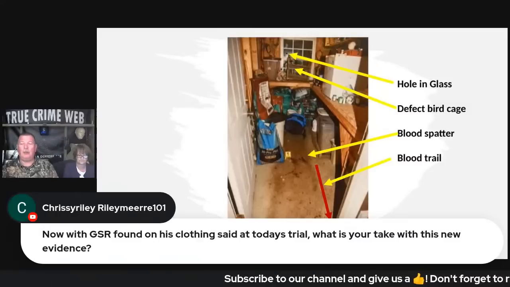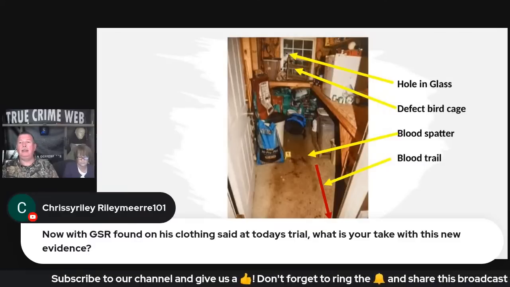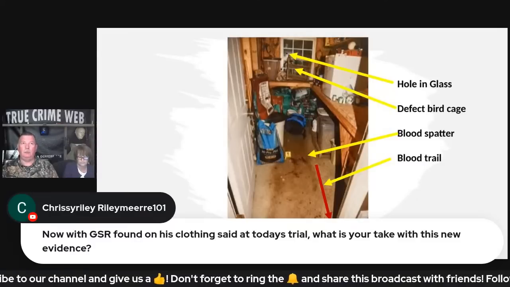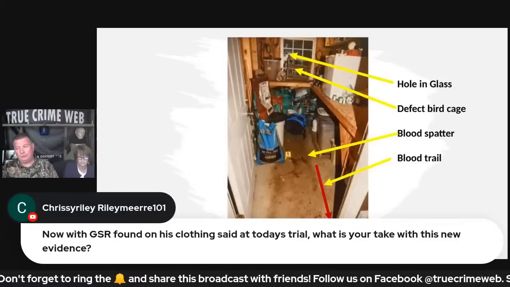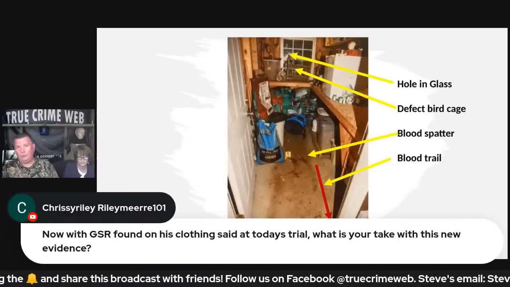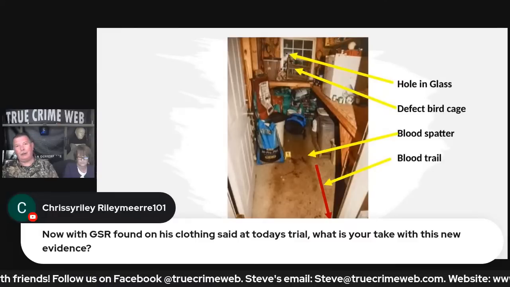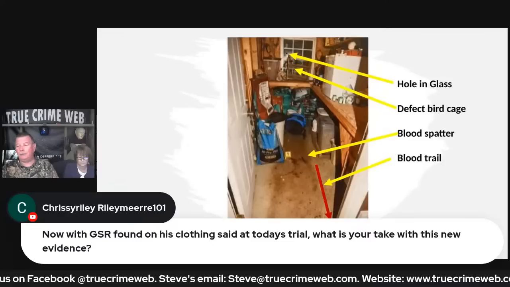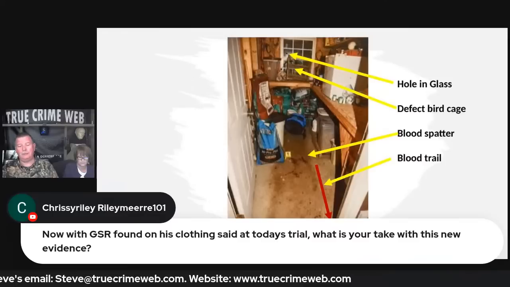If that was the clothing he had on at the time of these homicides, I would imagine there would be some type of blood spatter on them. But he may have taken off one layer. I don't know. But GSR, I'm not a real big fan of GSR. Like I said, it's so easy to be transferred, and you're talking about a hunting camp.